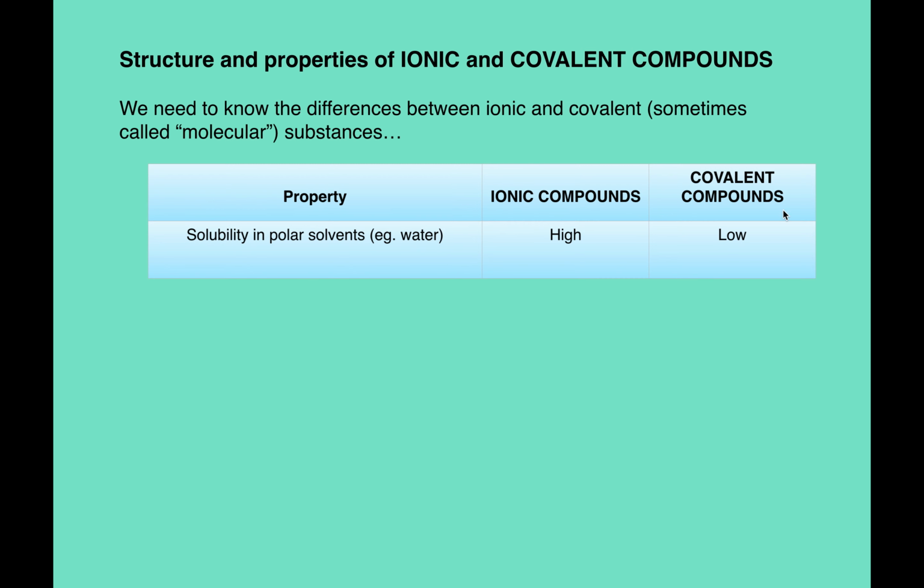Covalent compounds don't have little charges on them, so covalent compounds are not compatible with polar solvents. Don't worry too much about that, but remember the fact ionic compounds are soluble in polar solvents. Covalent compounds are not very soluble in polar solvents.